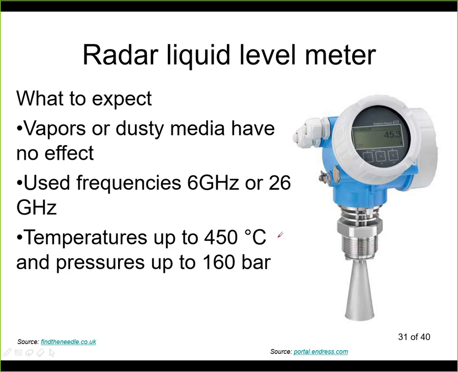So there is a really huge difference in price of the different sensors, and you need to adjust the sensor selection based on what you really need in your application. We tried to get one radar liquid level sensor in the school labs. We currently don't have any, but it's about maybe $15,000.